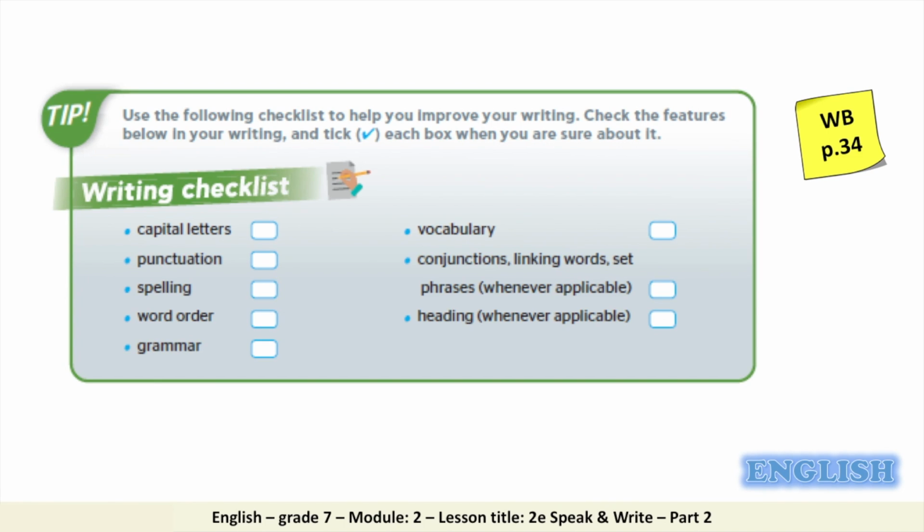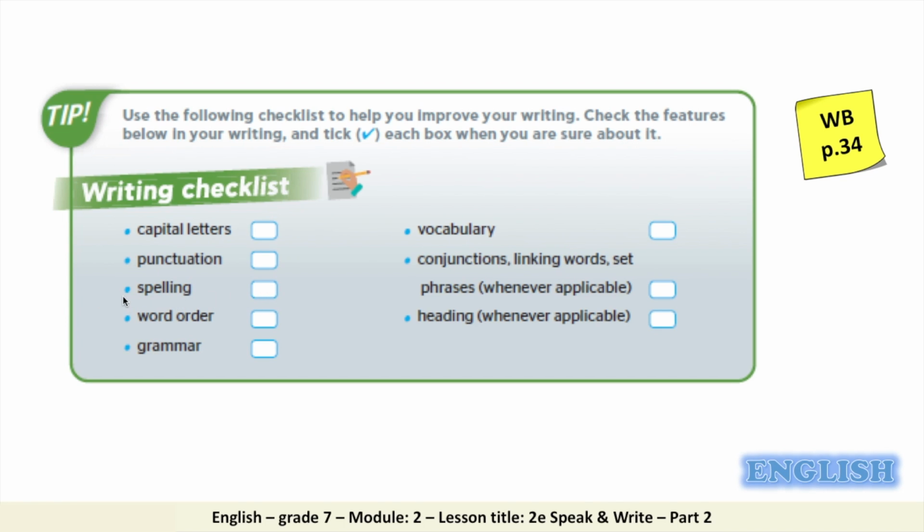Don't forget to make sure that you turn in your best work. Use the following checklist to help you improve your writing. Check the features below in your writing and tick each box when you are sure about it. These are the writing features that you need to keep in mind while writing. So, first thing, the capital letters, then punctuation, then spelling.